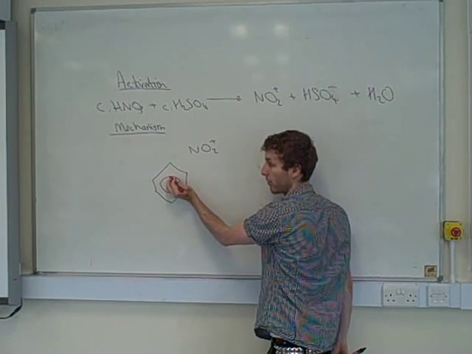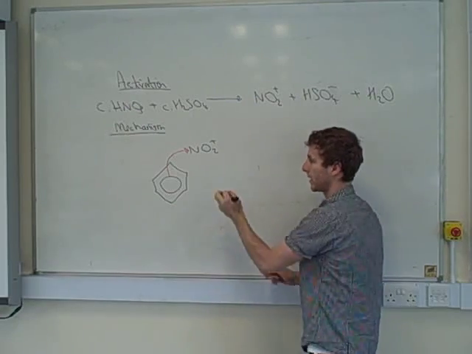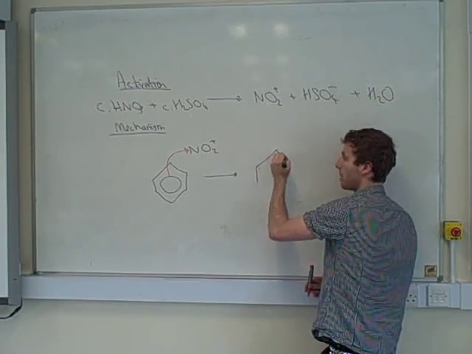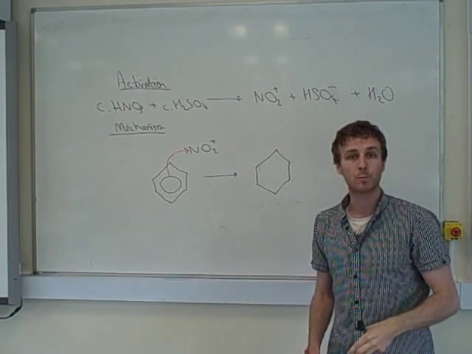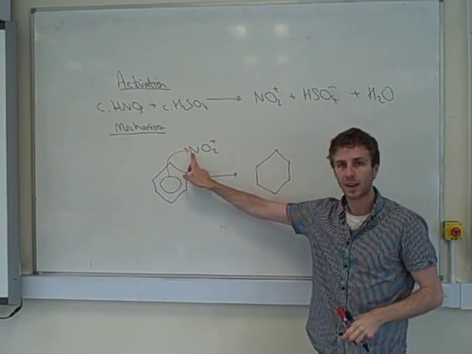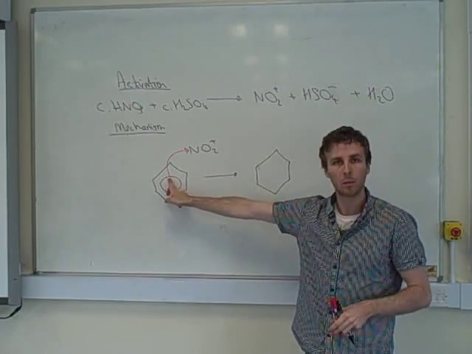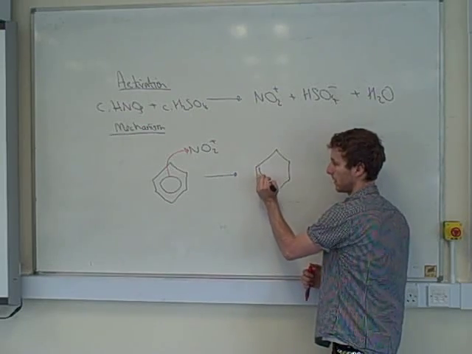So a curly arrow from the ring to the nitrogen. And what's that going to give me? Well, now my delocalized electron ring has been broken. The electrons at the top here, they've been given to that nitrogen. So I no longer have a delocalized electron ring at the top. So that's going to look like this.